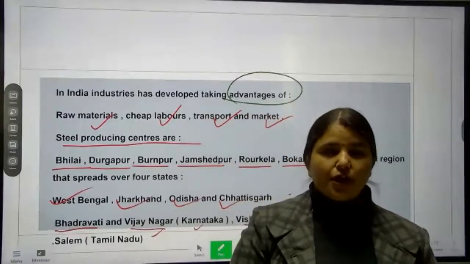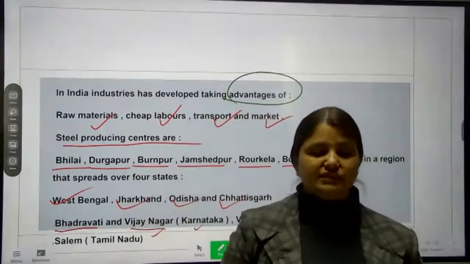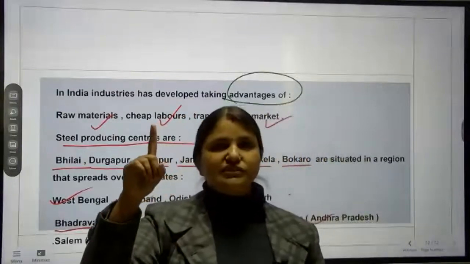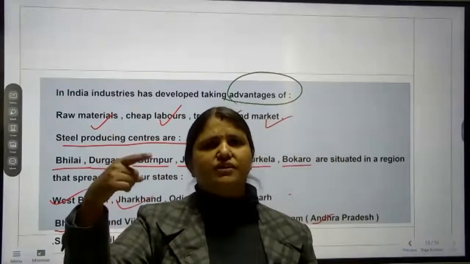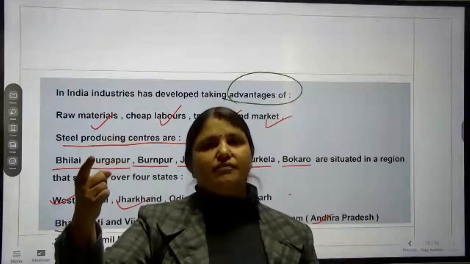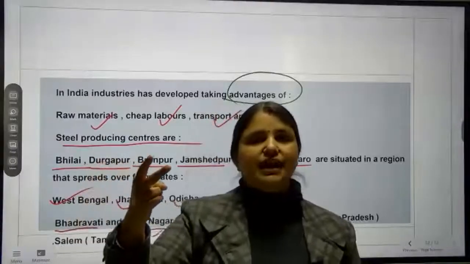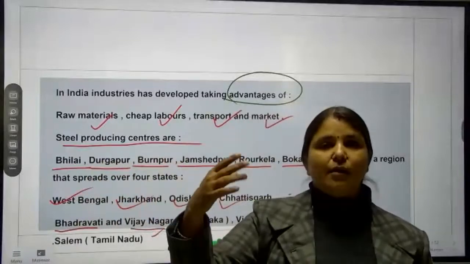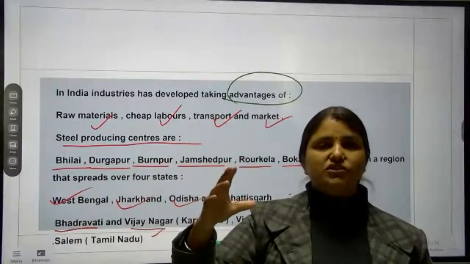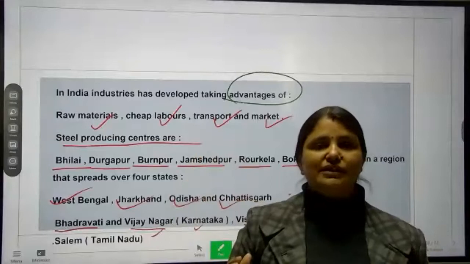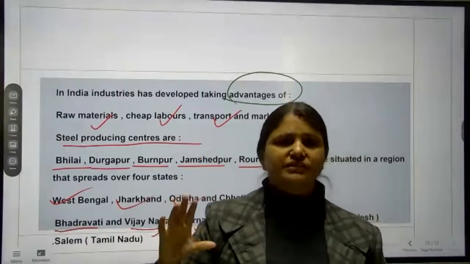Now, two parts of the chapter are completed. In one we saw what is industry, what types of industry, their factors, and disasters, etc. In the second part we saw the industrial regions, types of industry, raw materials and whatever types of industries are there.